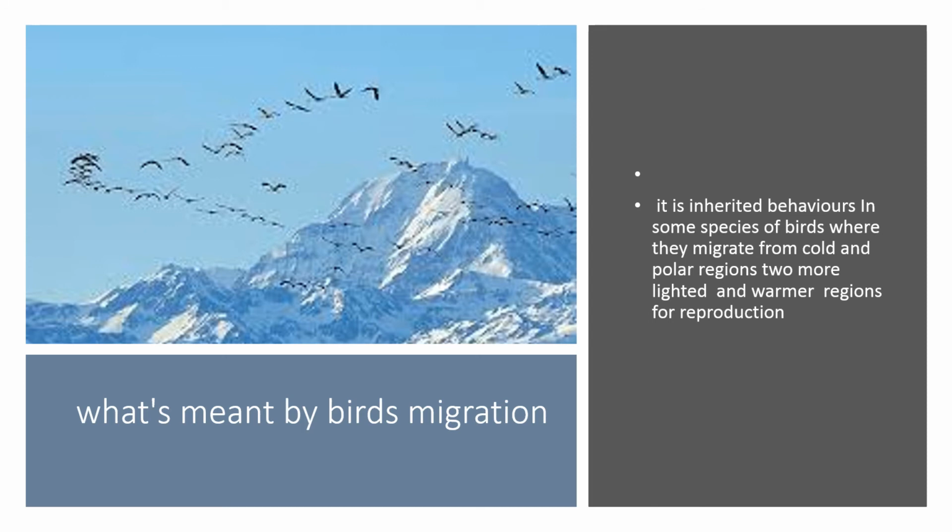It belongs to some types of birds، بتخص نوع معين منها, where they migrate from a cold place like the polar region، اللي هي القطب الشمالي والجنوبي مثلا, to a more lighted place and warmer region for reproduction.